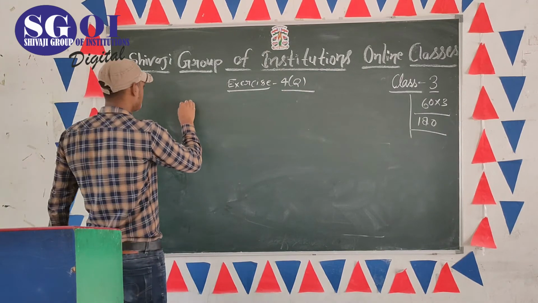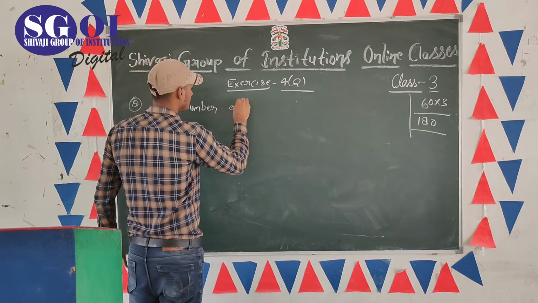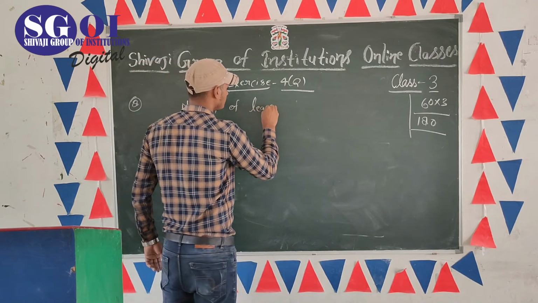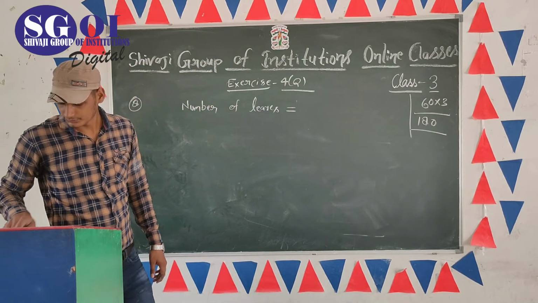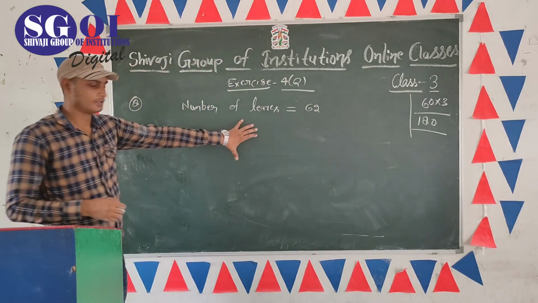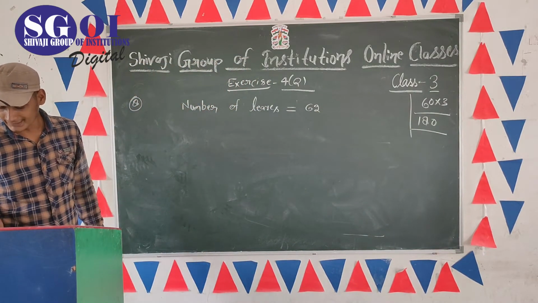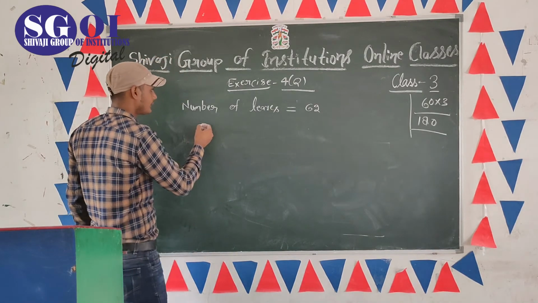Number of leaves is equal to 62. How many leaves are there in 7 such trees? Okay, students.